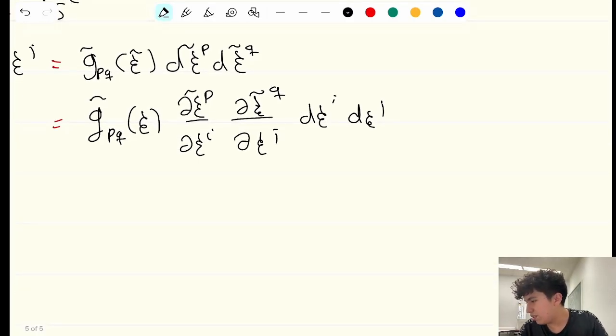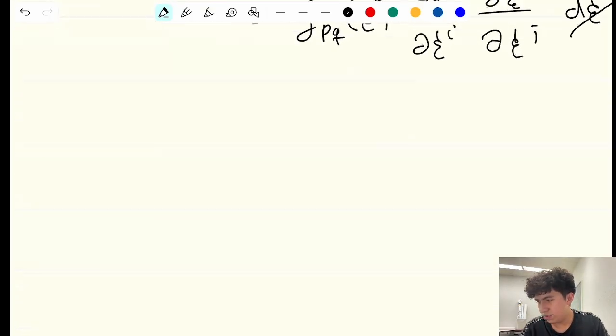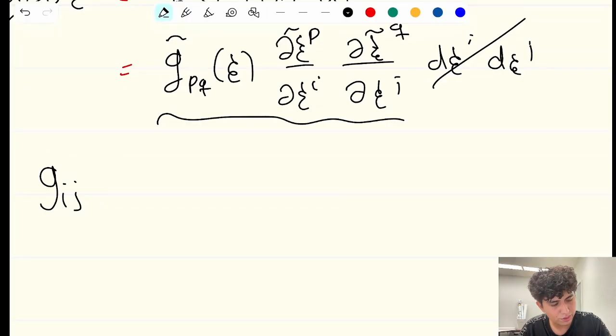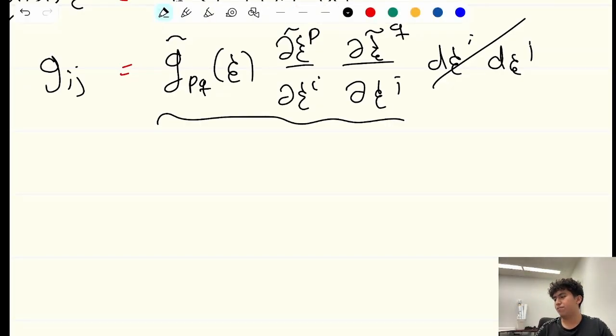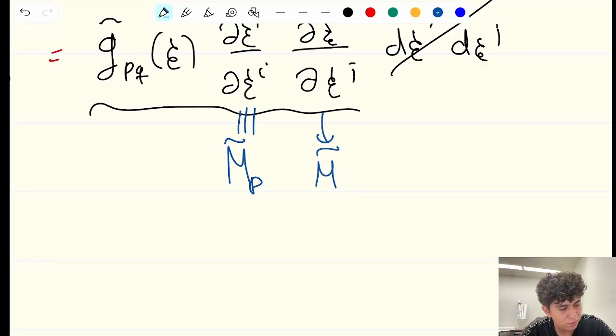From here, you notice that we can simplify this side and this side. So then this is going to be just this part. The simplification I want to make now is that you remember we defined this to be M and M tilde. So this one is going to be M tilde p i and M tilde q j.